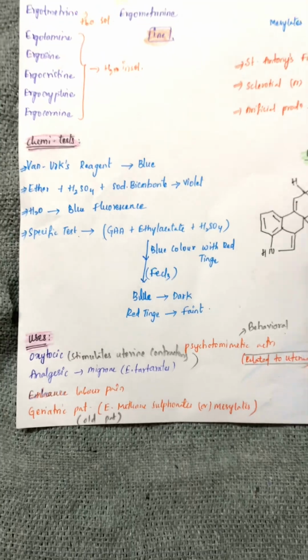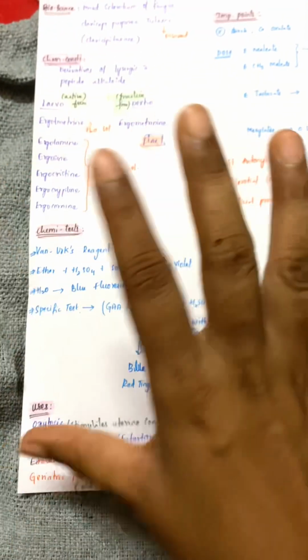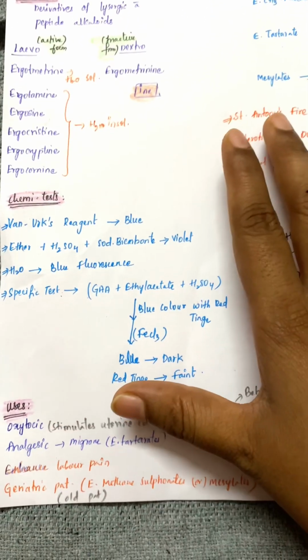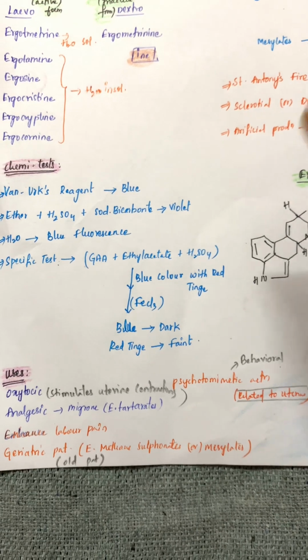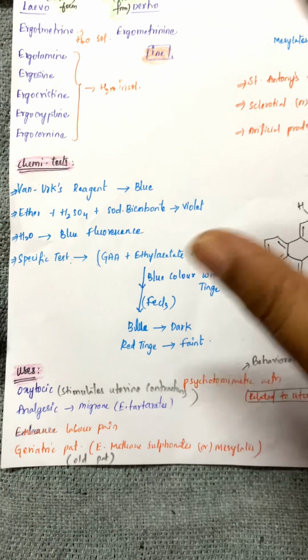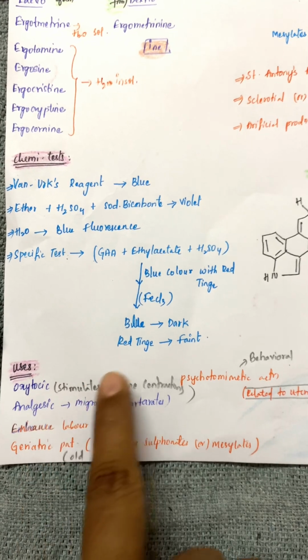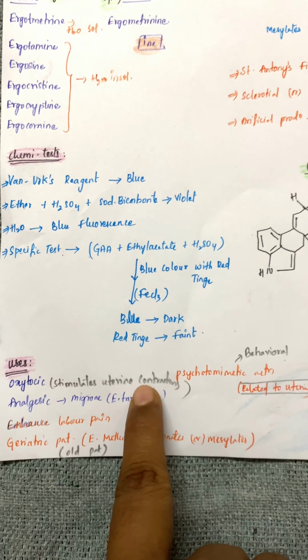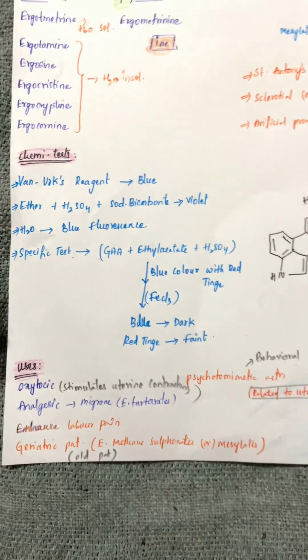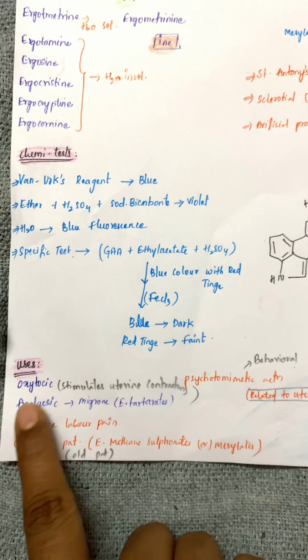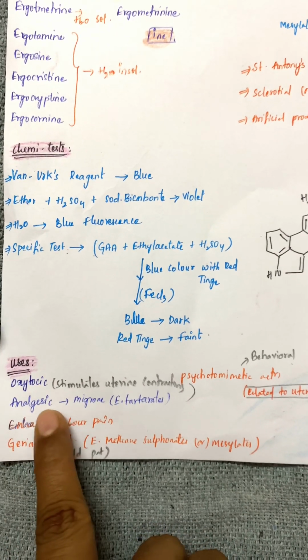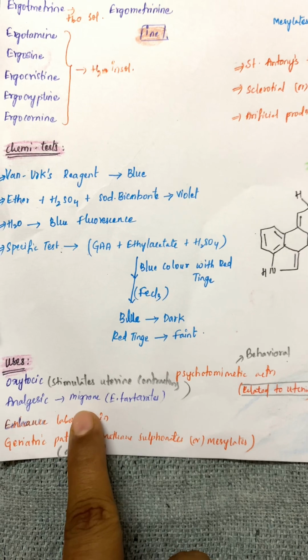And coming to uses, generally with ergot you have to remember something: it is related to the uterus, okay. Generally it is related to uterine. Now it acts as oxytocic, means it stimulates uterine contractions while delivering a baby. Then analgesic, it is used as an analgesic in migraine conditions.